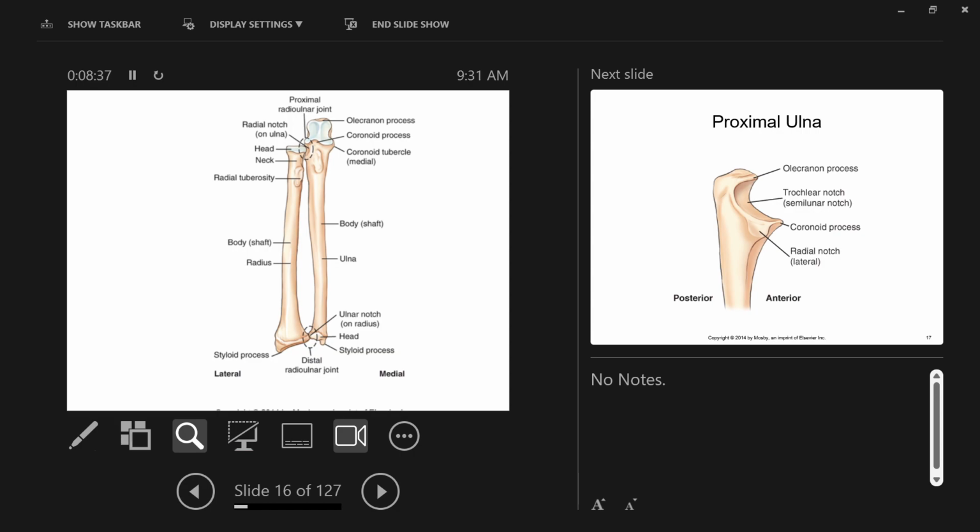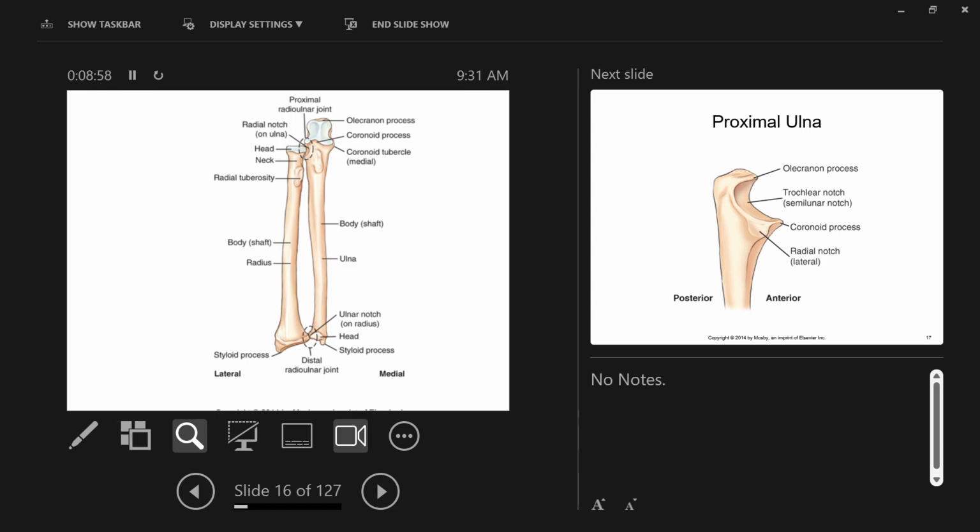That's true down to about there, and up to about there. So you have the shaft of the bone, the length of the bone: body, shaft, or diaphysis, which is the most correct name for it.